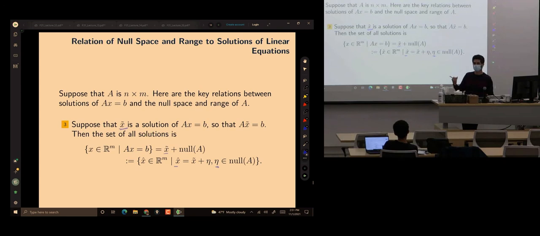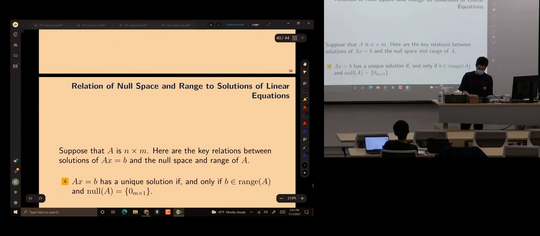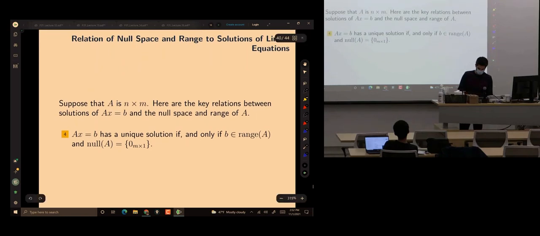There is a solution and it is unique. There is no solution. And there are infinite number of solutions. This all goes back to those 3 cases, 3 figures. So you can put them together: Ax equals b has a unique solution if and only if b is in range of A and the null space is the 0 vector.